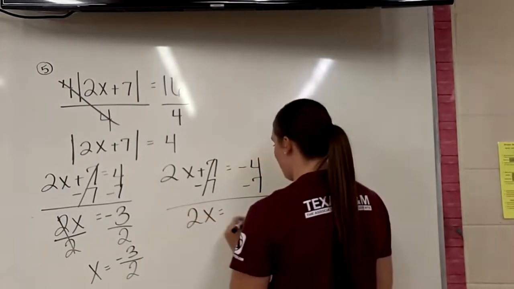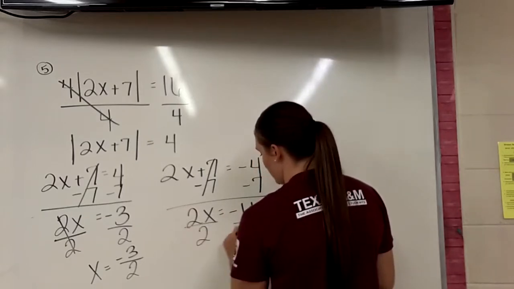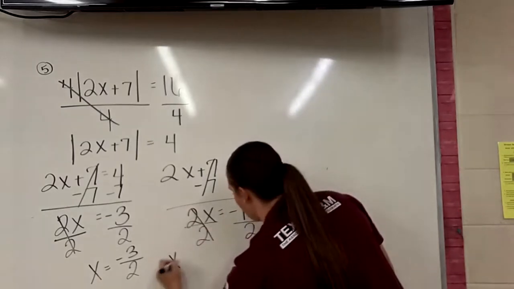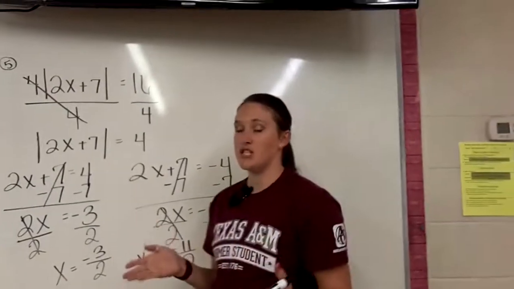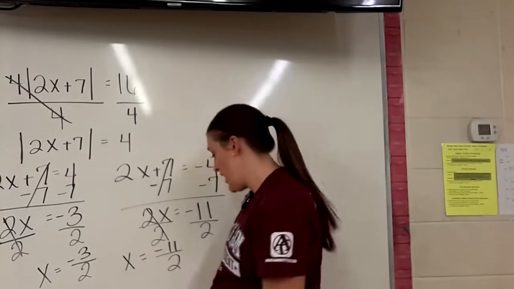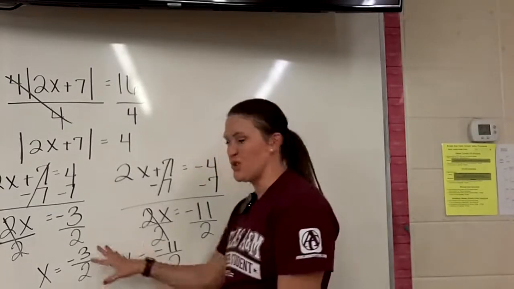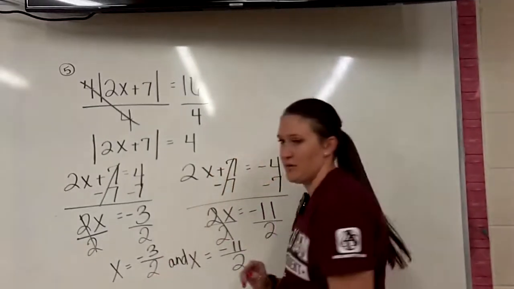Negative 4 minus 7 more is negative 11. Divide by 2. And I'm going to keep it negative 11 over 2. If we were to change them to mixed numbers or decimals, this one would be negative 1.5 and this would be negative 5.5. But we're just going to leave them like that. Those are your two answers.